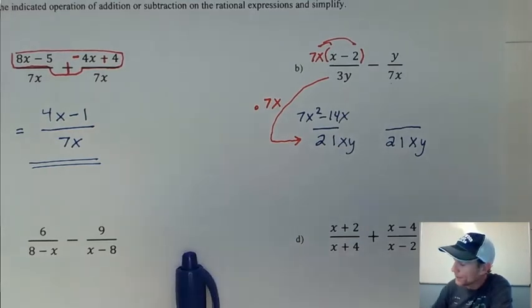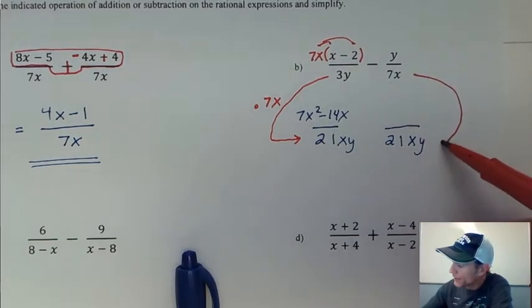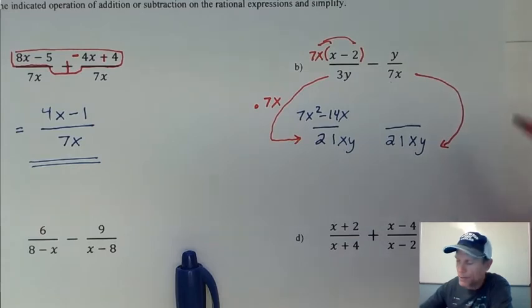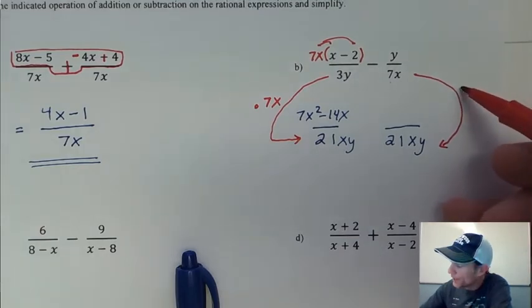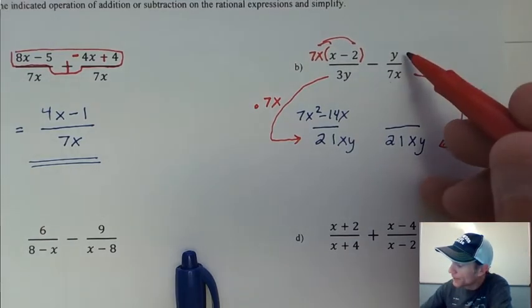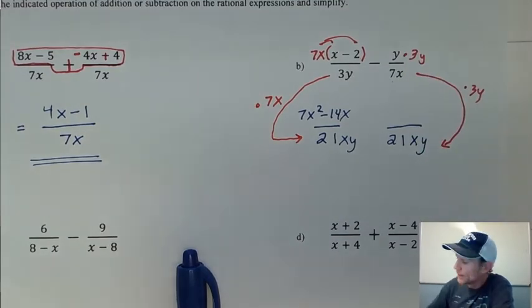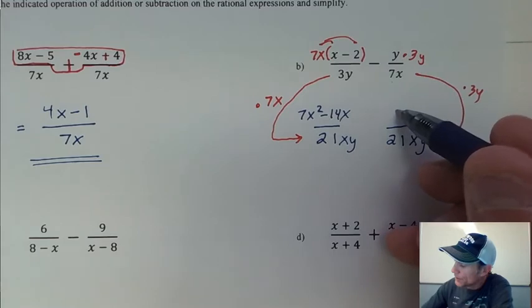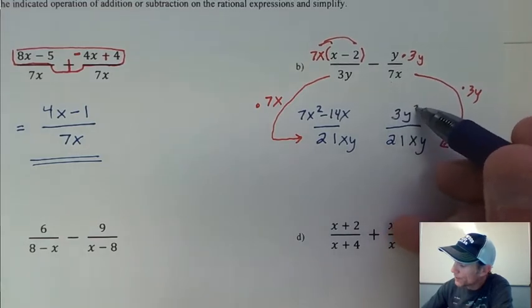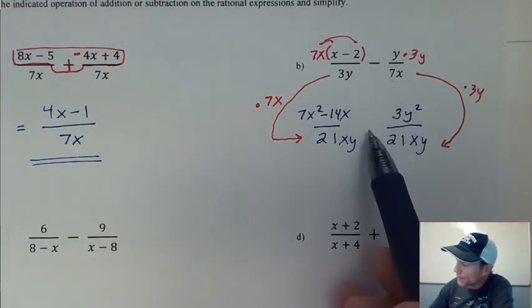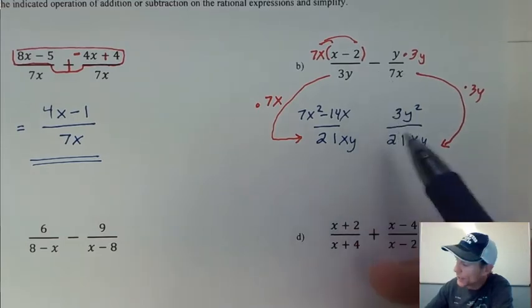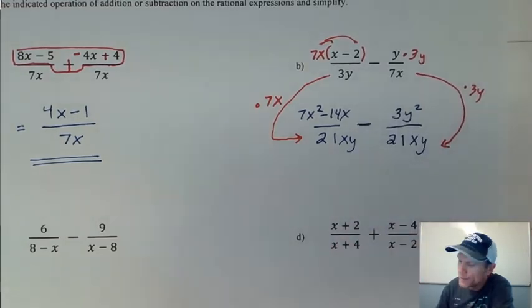And then I do the same thing for this. I say, okay, how did I get down here? Well, I multiplied by 3y. So that means I have to take this numerator times 3y, and I get 3y squared. Now I've left out my sign here, which was subtraction, so I'm going to put a subtraction sign.